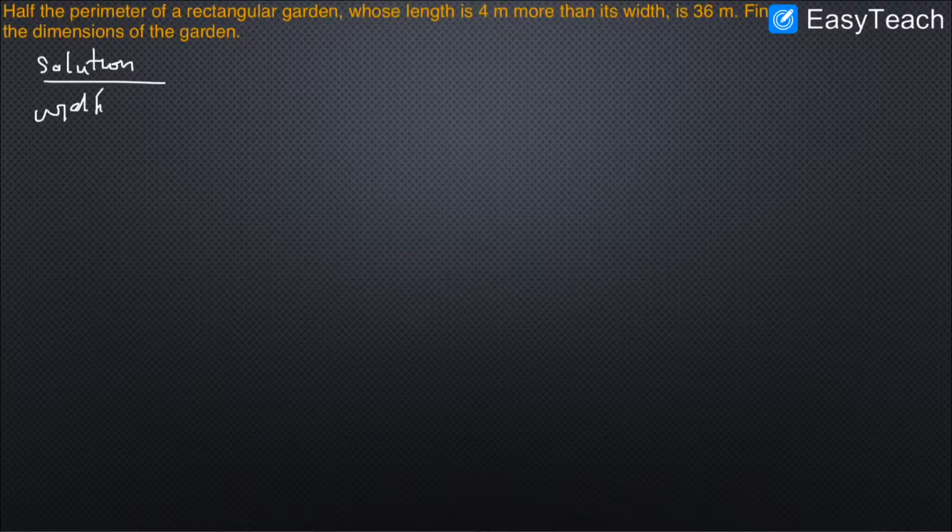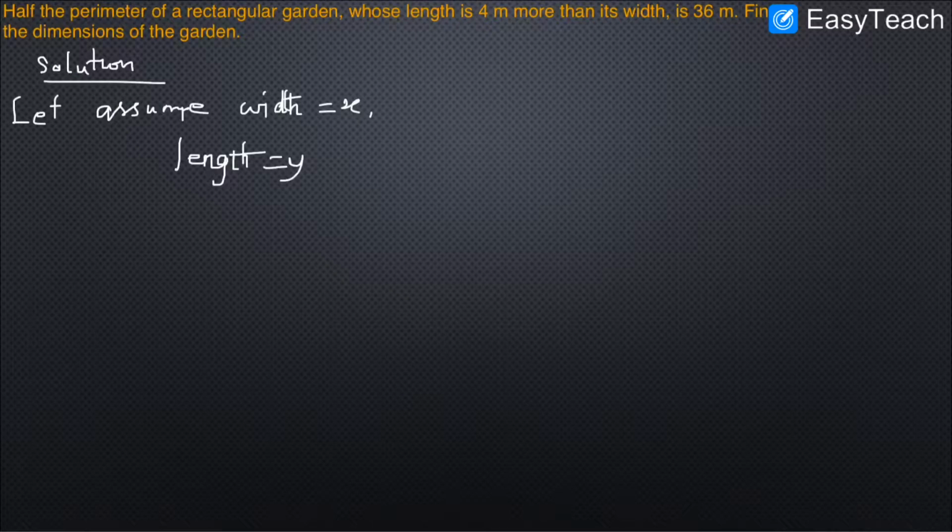Let's assume the width of the garden is x and the length of the garden is y. So what is given? Half the perimeter of a rectangular garden. First, what is the formula for the perimeter of a rectangle?